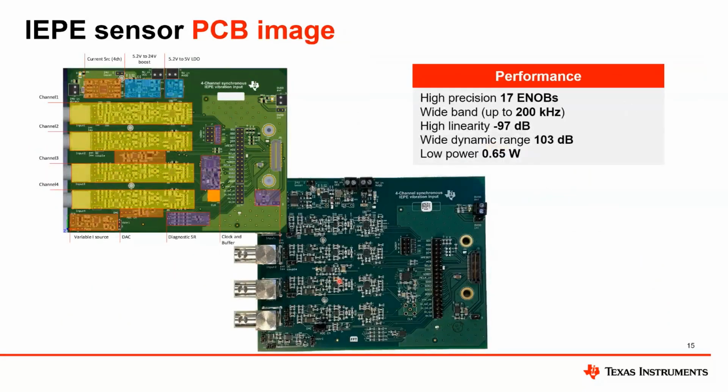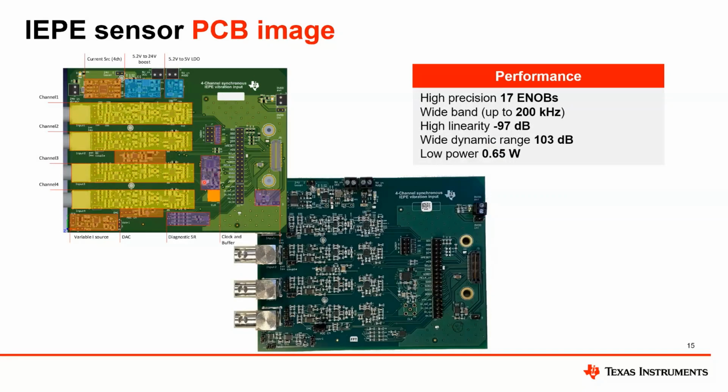That's how the design looks like. You see on the top left here how the layout is structured. We have each channel, the BNC connector, followed by the signal chain for each channel up to the ADC. In the middle, we see the clocking, the reference used for all the 4 channels.